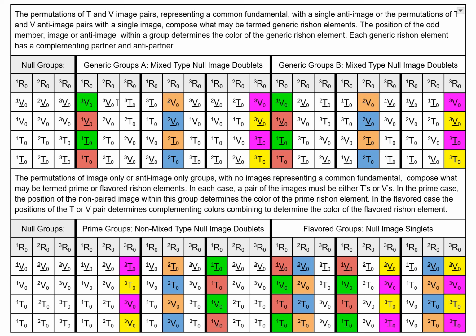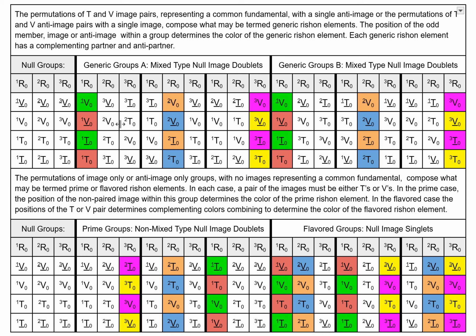So here we have anti-V and anti-T designated by the superscript 3, and we have a single image associated with it, and a single image associated with this pair, and as we'll see, so forth.